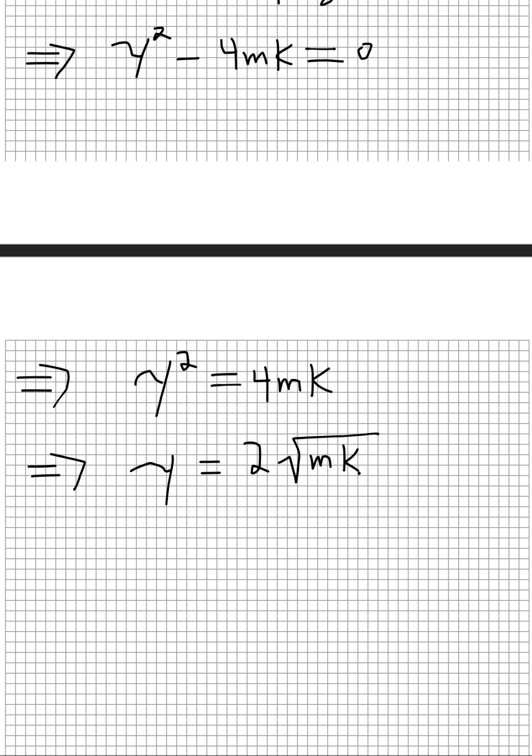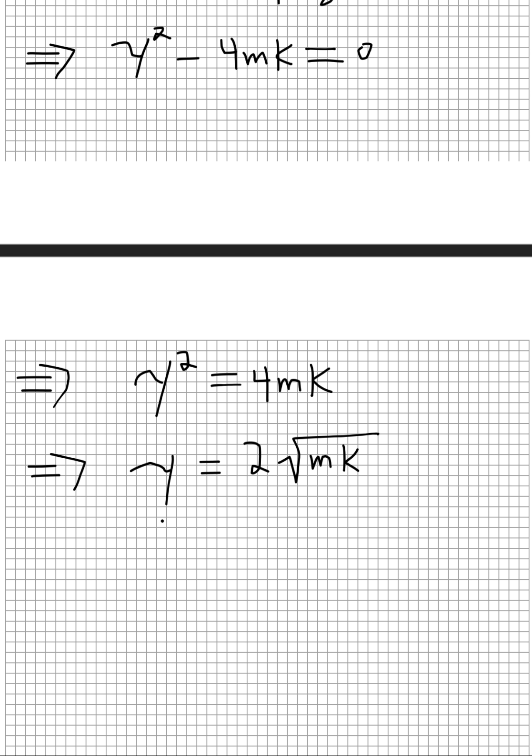And so taking this a few steps further, solving for gamma squared, and this being set equal to 4mk, we can go one step further and solve for gamma, and this is going to equal 2 times the square root of m times k.